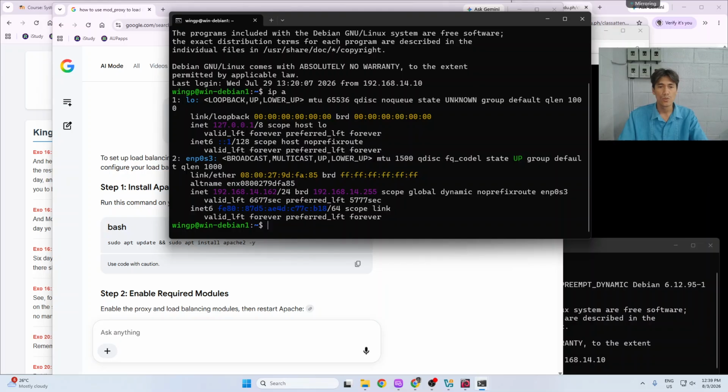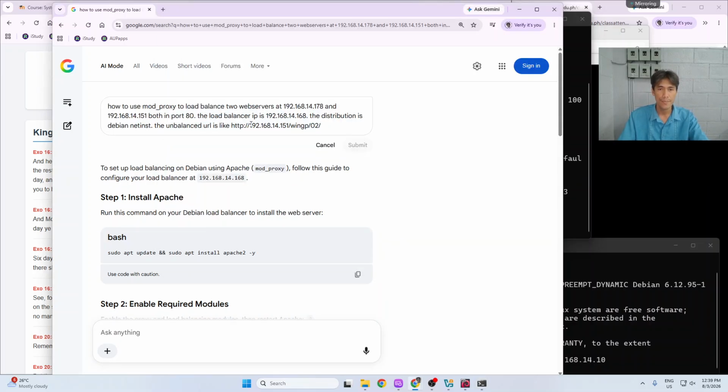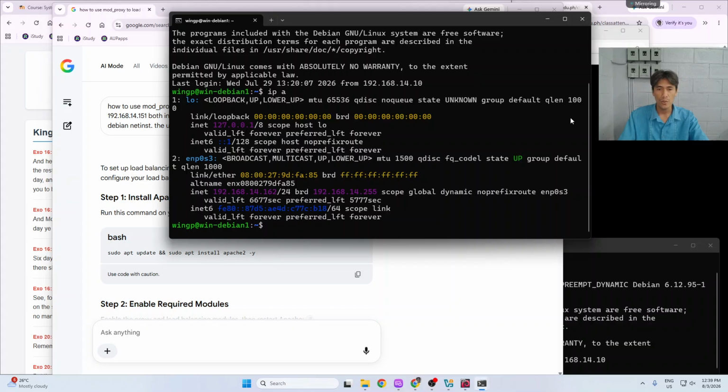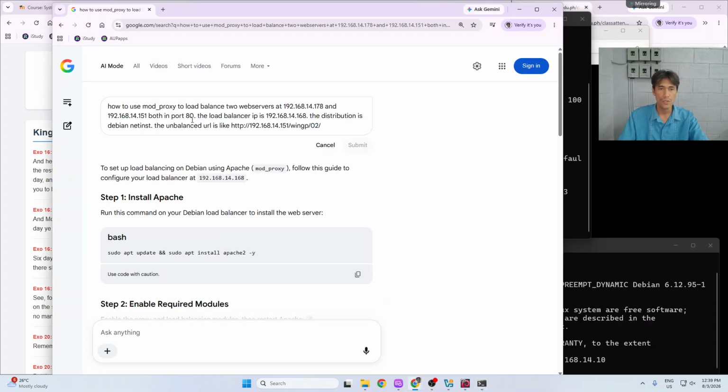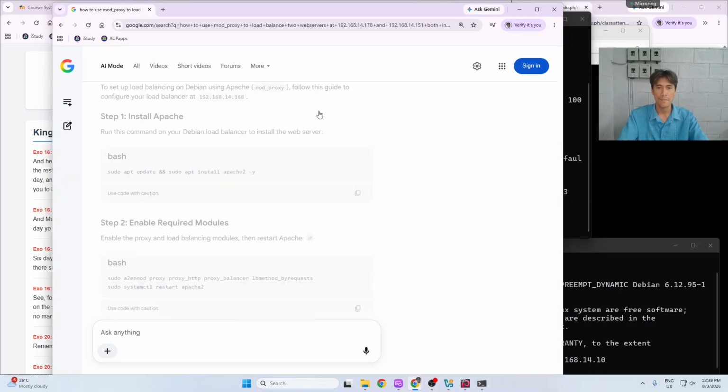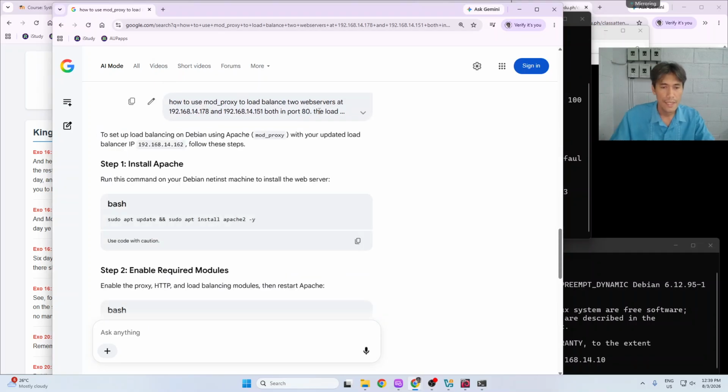Oh, 162 pala. Let's edit our prompt so it will not be confusing what we are reading. 162? Oh yeah, it's 162. Okay, so step 1 is we install Apache. Of course, there's Apache.